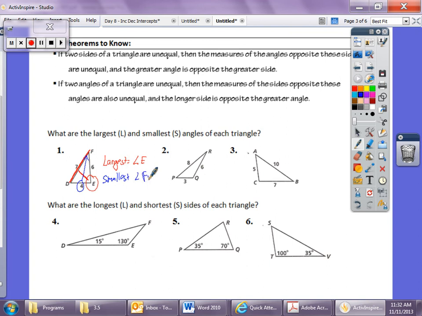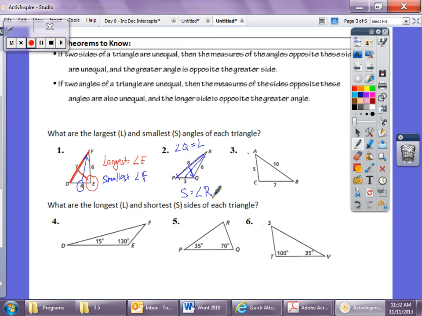So when we look at 2, well, 8 is the largest, so angle Q is the largest. The smallest is opposite side 3. Well, the angle opposite side 3, it's not P, it's not Q. That means it's angle R. So angle R is the smallest.